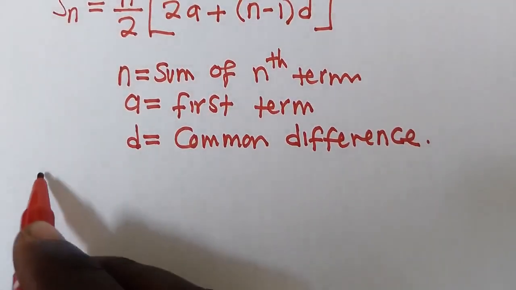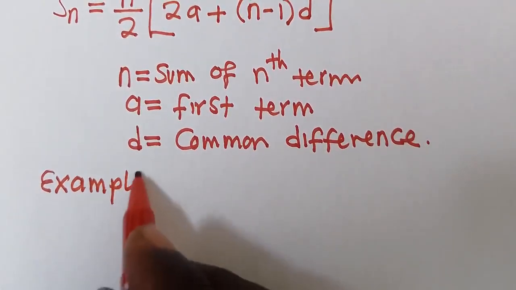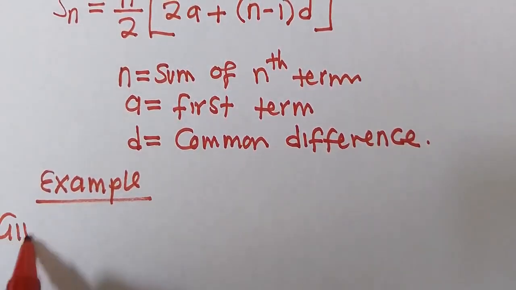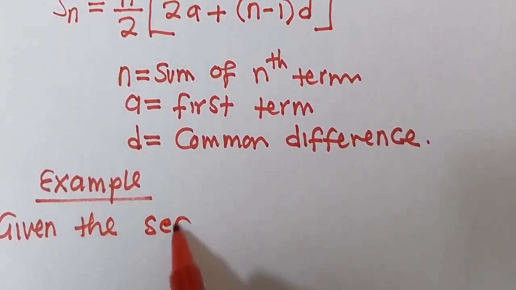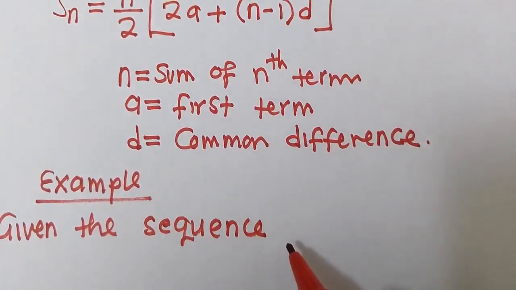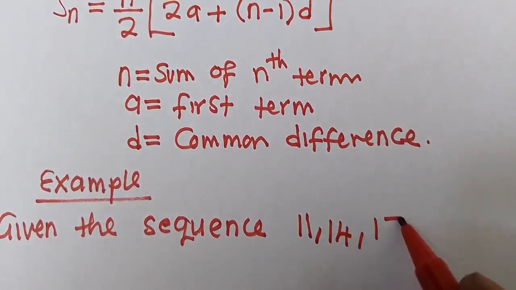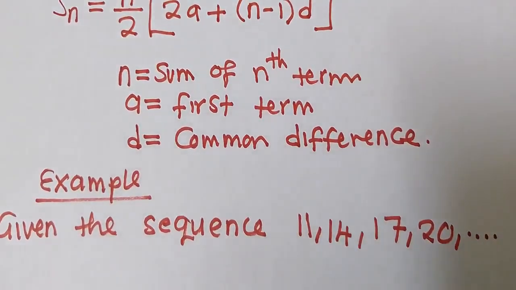Let's say you've got this example. Given the sequence 11, 14, 17, 20, with the numbers just going like that.